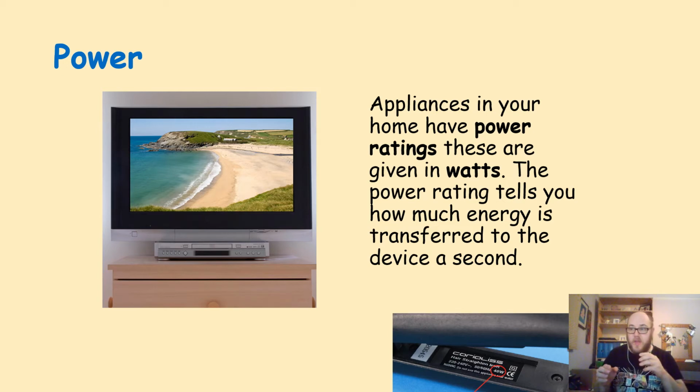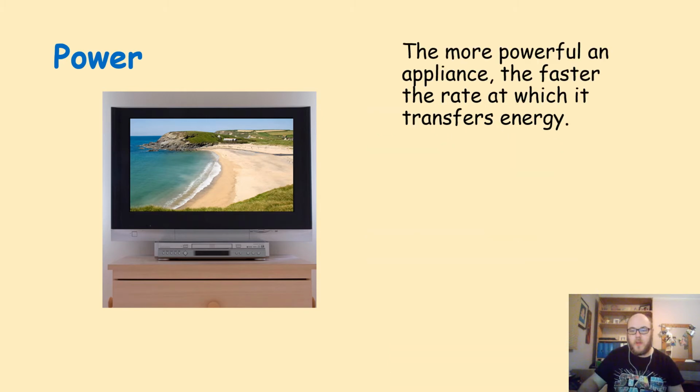This means that 40 joules of energy is going to be transferred to the hair straighteners every second. So if you leave that on for 5 seconds, then you're using 40 times 5, which is 200 joules of energy.